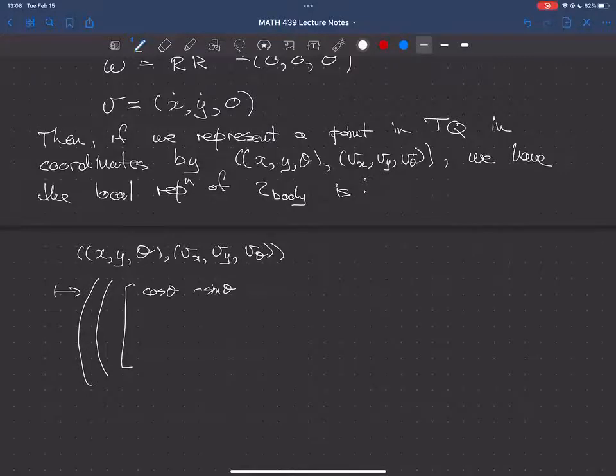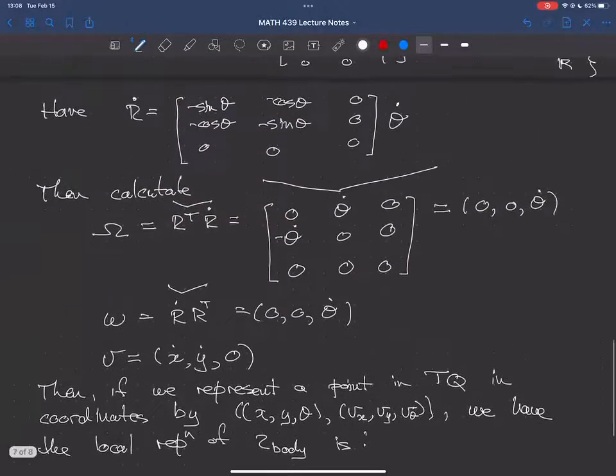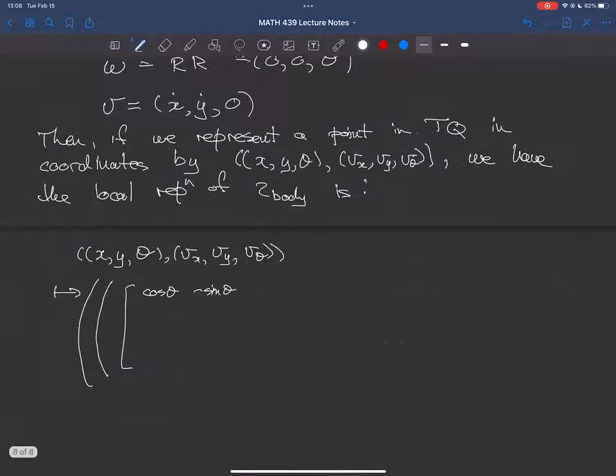I'm waffling here on where the minus sign goes. Let's see. Yeah, the minus sign goes here. Cos theta 0, 0, 1, 0, 0. Okay, so that's big R. And then little r is x, y, 0.